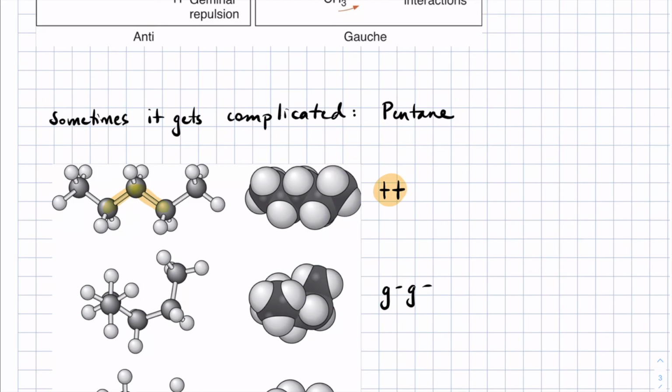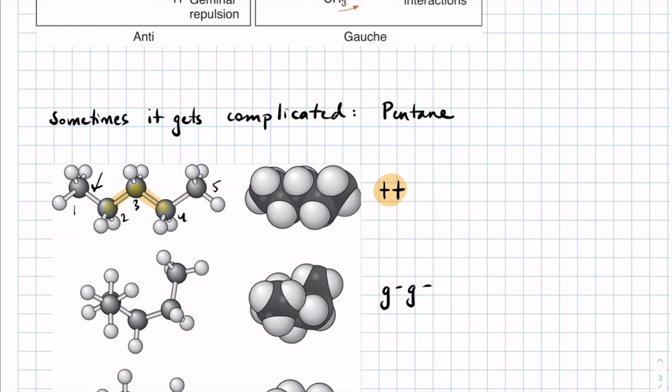We don't care about rotation around this bond because all the 3 things on that terminal methyl group are the same. So it's going to be in a staggered conformation, and all the staggered conformations there are the same about that bond between carbons 1 and 2. Similarly, between 4 and 5, we don't care. There's only one unique conformation about that bond because all the staggered conformations are identical.